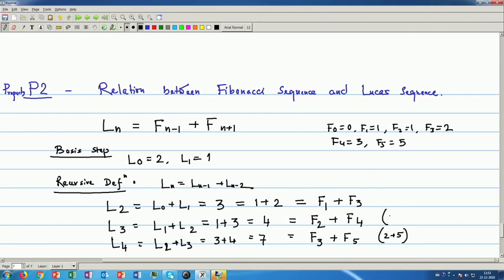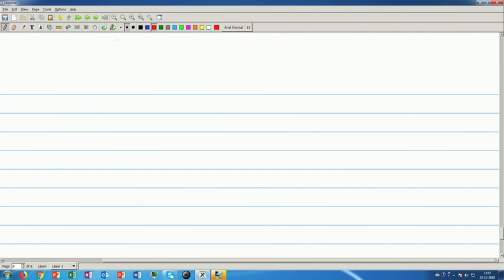This is f 2 is 1 plus 3, this is also 1 plus f 1 is 1, f 3 is 2. So, I can see that the property holds, and in a similar way we can write that L n is f n minus 1 plus f n plus 1.